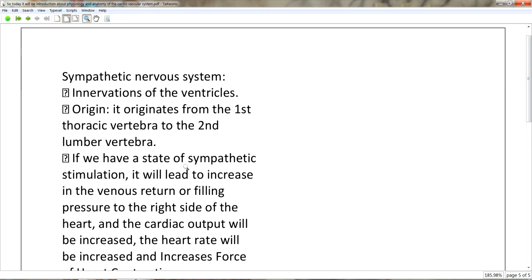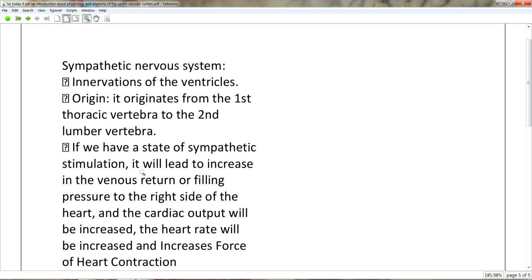If we have a state of sympathetic stimulation, it will lead to an increase in the venous return, or filling pressure, to the right side of the heart, and the cardiac output will be increased. Venous return is the blood that fills the right side, so cardiac output, the amount of blood pumped, increases.